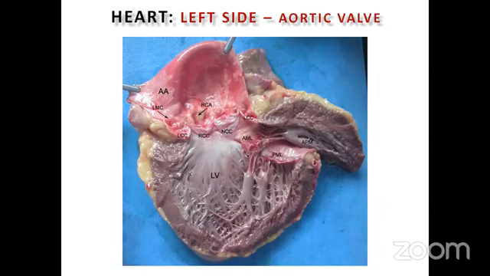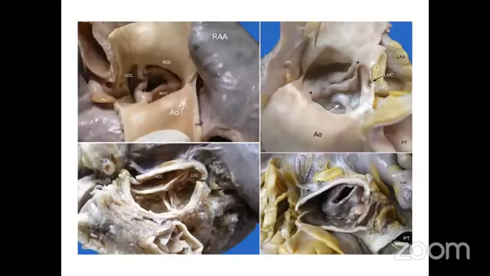And please note, as I told you earlier, look at the number, because a reduced number or an increased number can lead to problems in the function of the aortic valve. So these are appearances of the aortic valve from the ascending aorta.